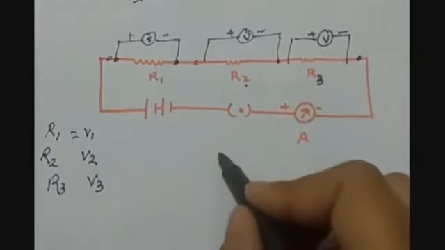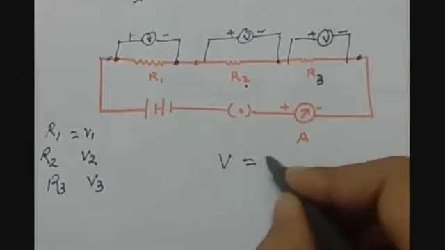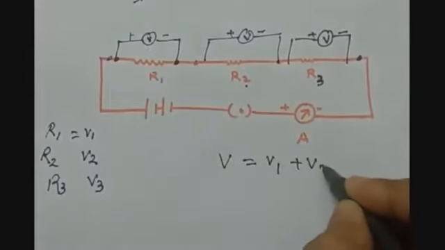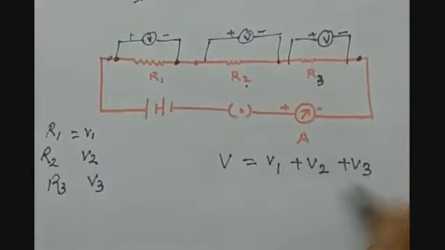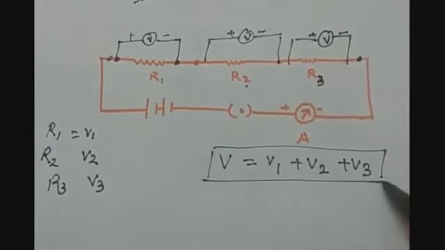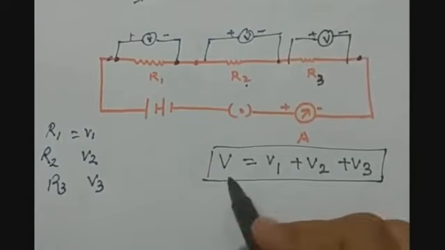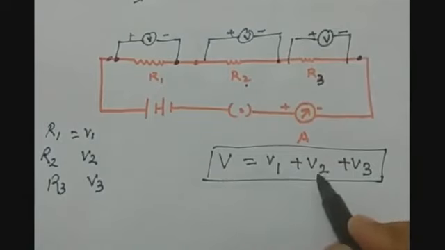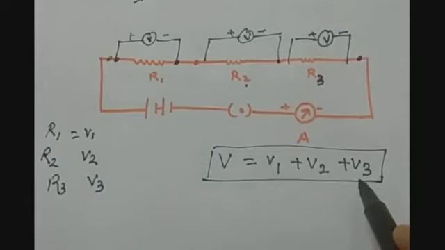That means V should be equal to V1 plus V2 plus V3. So from here we are getting the relation between the total potential difference and the individual potential differences across each resistor.